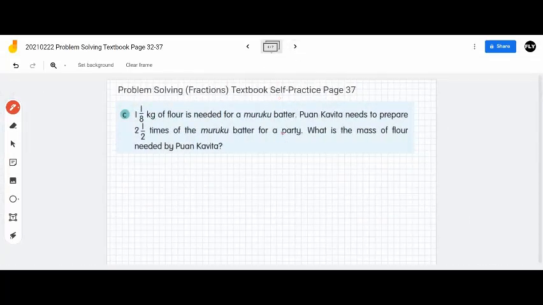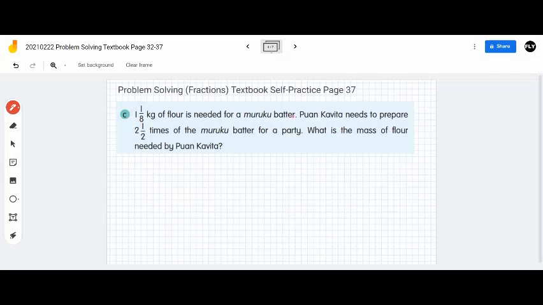So let's look at C. 1 1/8 kg of flour is needed for a murukku batter. Puan Kavita needs to prepare 2 1/2 times of the murukku batter for a party. What is the mass of the flour needed by Puan Kavita? So what does the question want?